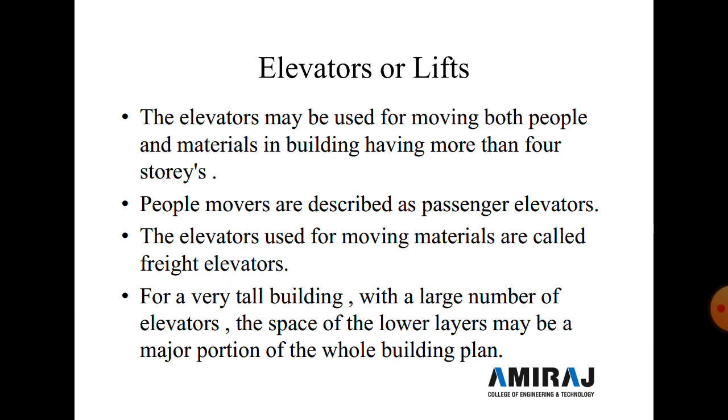People movers are described as passenger elevators, and the elevators used for moving material are called freight elevators. So the elevator is divided into two parts: first is the material elevator, and second is the passenger elevator or public people elevator.